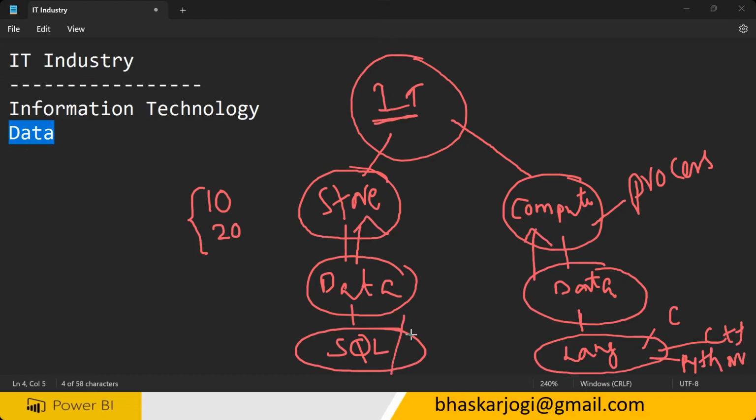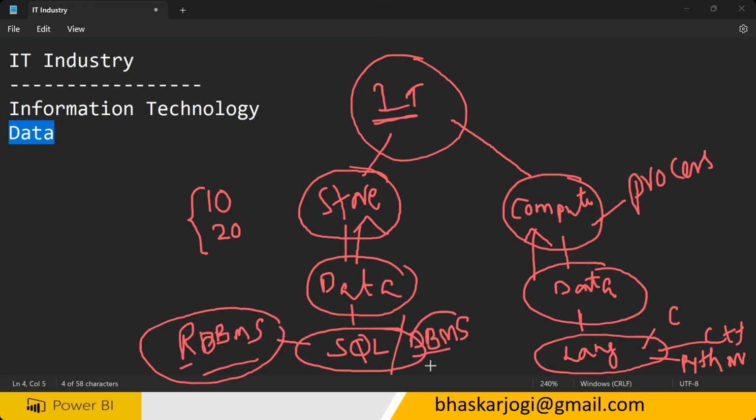It is also called database management technology, DBMS technology, or people will call this a relational database, or relational database management system. All of them are synonyms. People will tell you SQL or database management system or RDBMS.